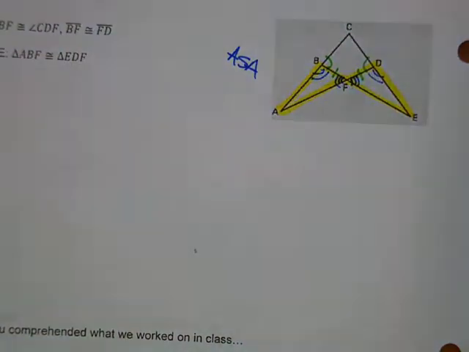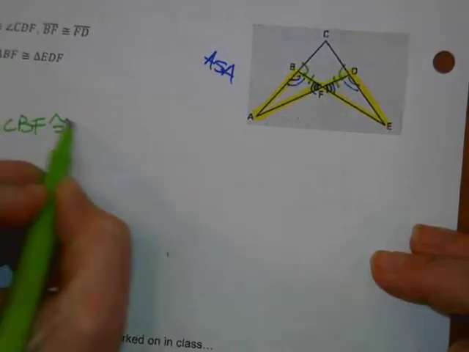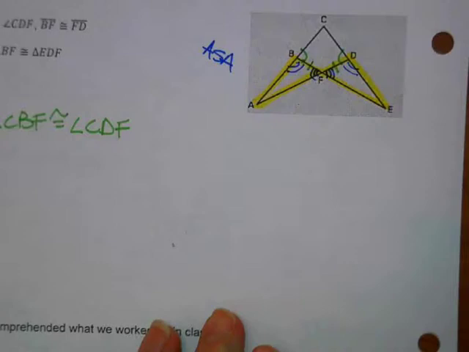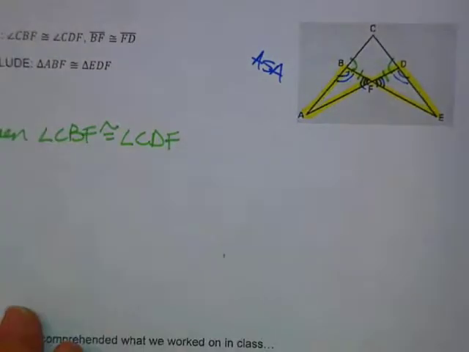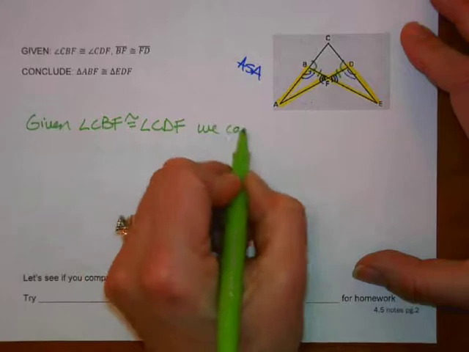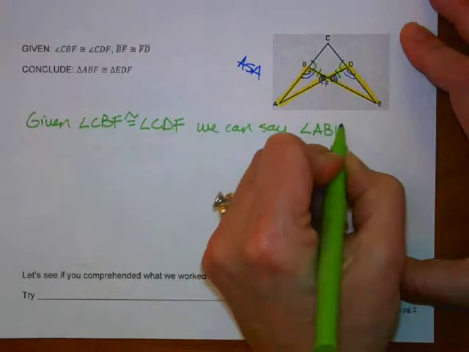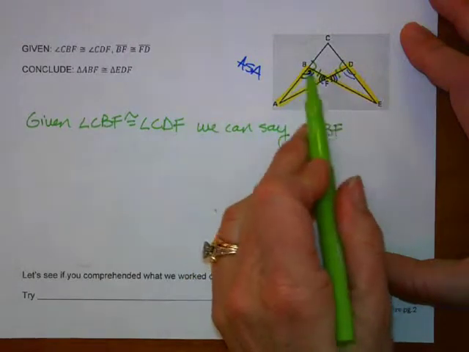Okay? All right, so I'm going to start with what's given to me and work from there. I'm going to say, given that angle CBF is congruent to angle CDF. It's getting there. All right, we can say that angle ABF, so I'm talking about this angle right here.